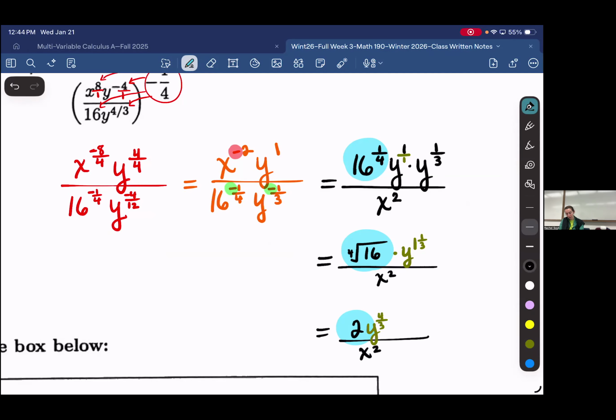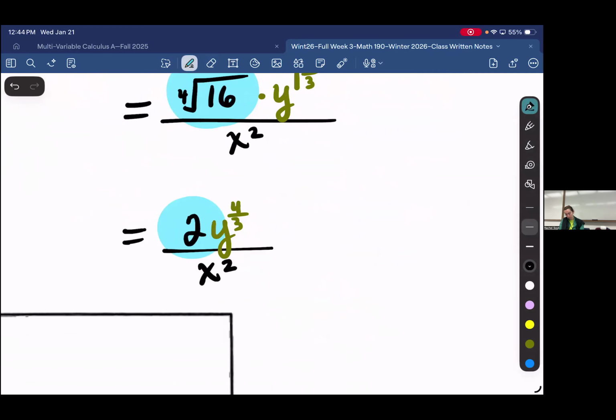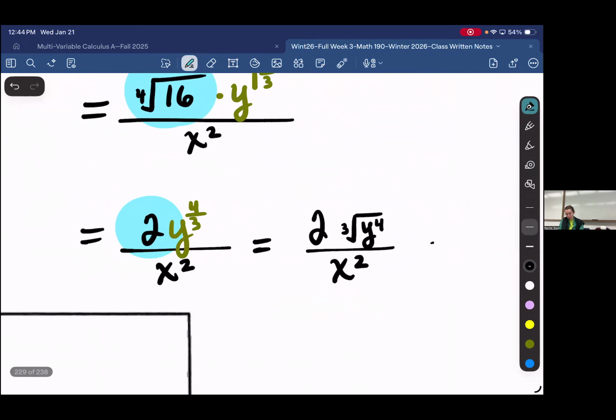If you wanted to put it in terms of root form, you could write it as 2 the cube root of y to the 4th over x squared. Or if you wanted to take out one of the y to the thirds, you can write it as 2y times the cube root of y all over x squared.